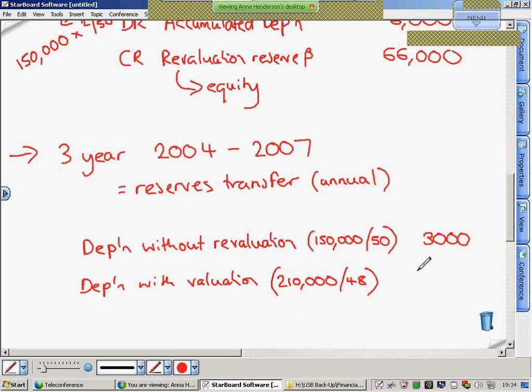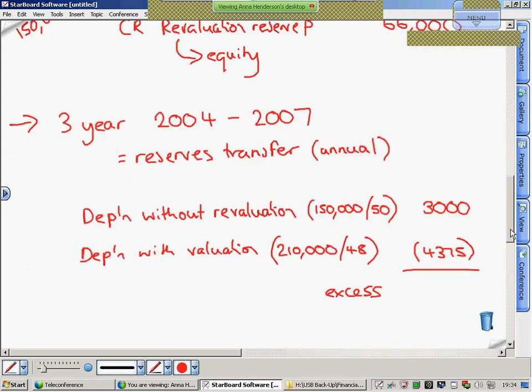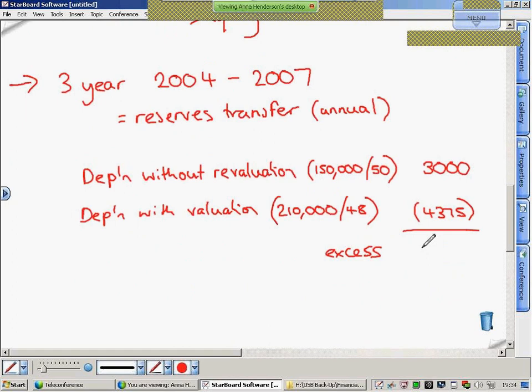So essentially, what we're left with is depreciation of 1,375 per annum. We just mentioned for 3 years.